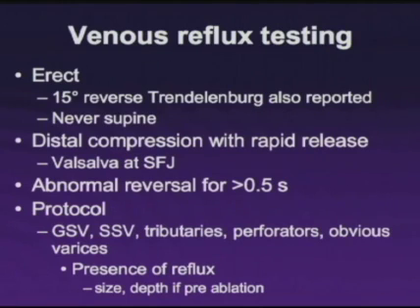Look for enlarged tributary veins, particularly if they are varicose when you stand the patient up, look for obvious perforators, including perforators which are incompetent, and evaluate for the presence of reflux. Similarly, or additionally, if you're going to ablate the patient, you want to evaluate the venous size and the depth to see if it's appropriate for ablation.